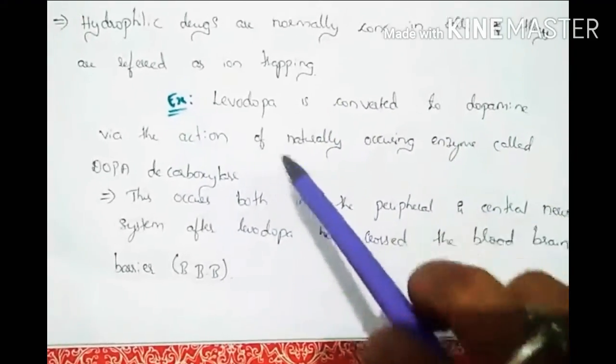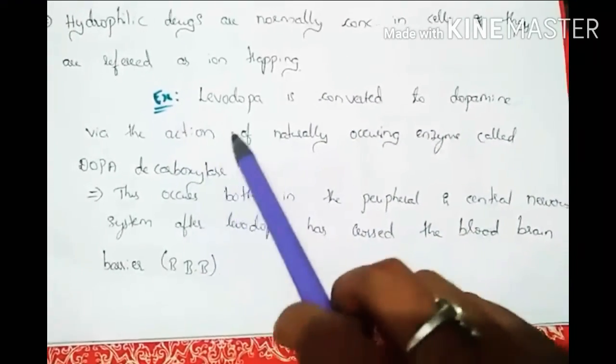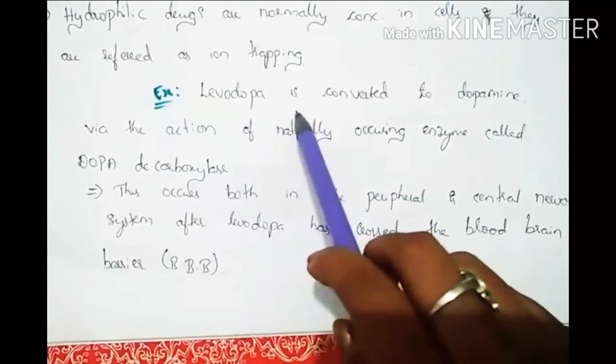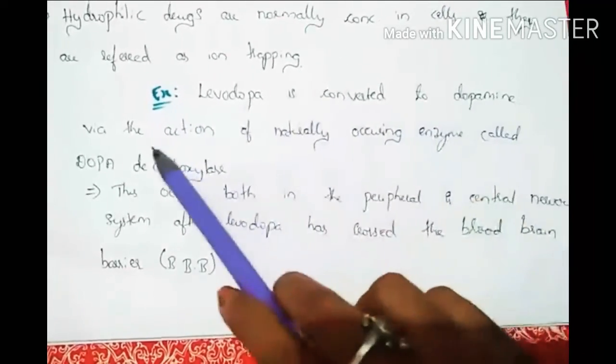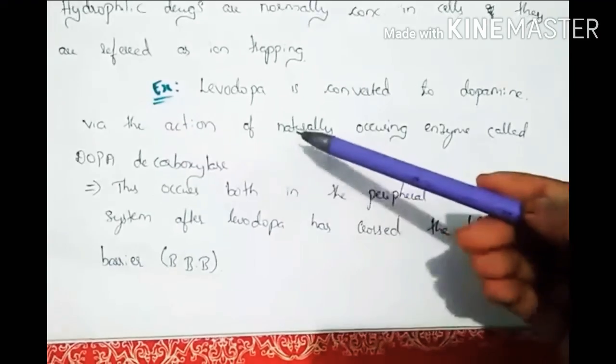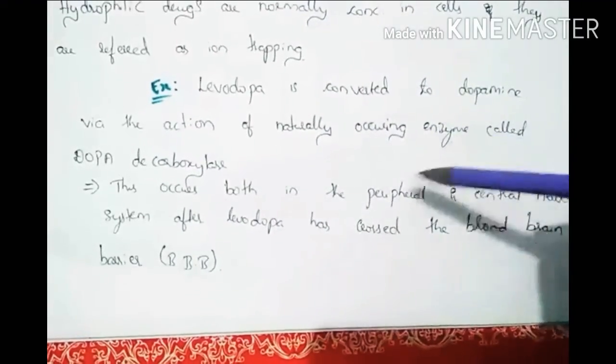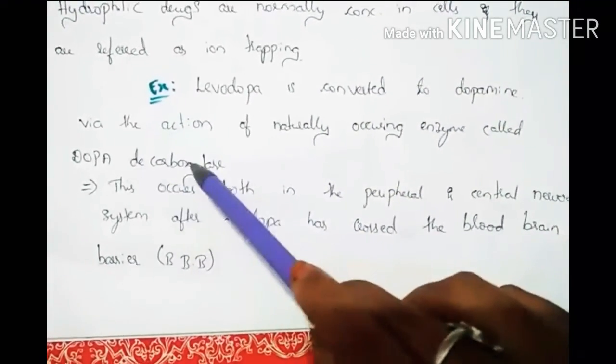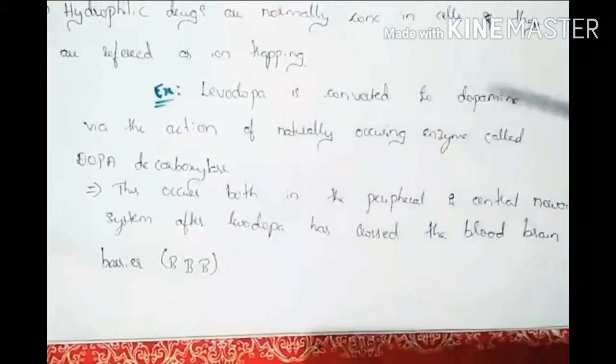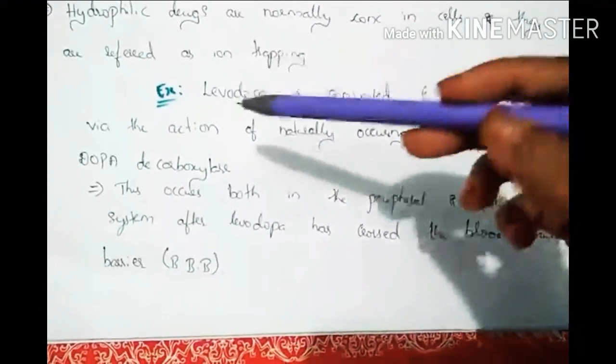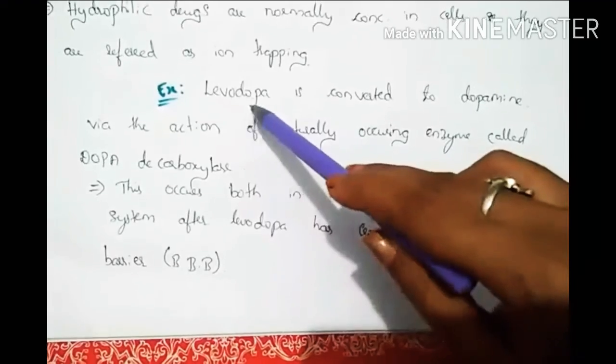For example, I am giving a lipophilic drug. Levodopa is converted to dopamine via the action of a naturally occurring enzyme called dopa decarboxylase, when we administer the drug in the form of levodopa.